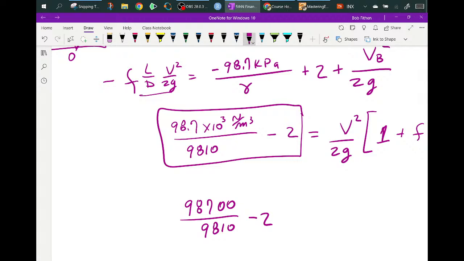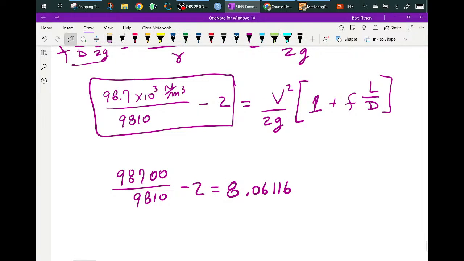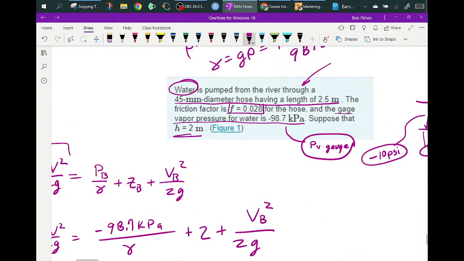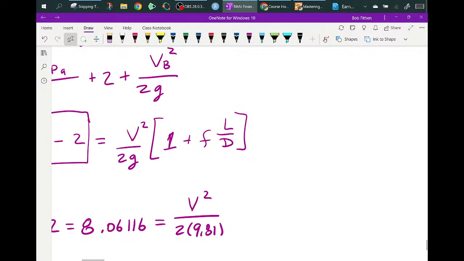Shouldn't take me but a second. It's about 8.06116, and that's going to be equal to V squared over 2 times 9.81 because it's in SI units. Diameter 45 millimeters.